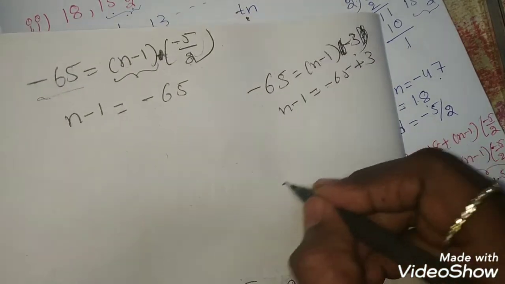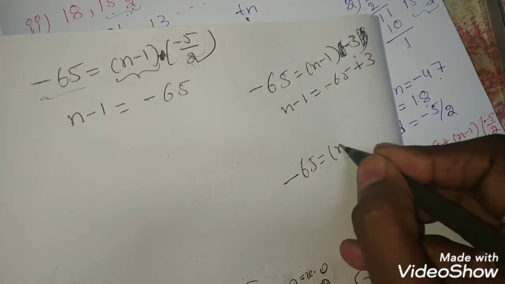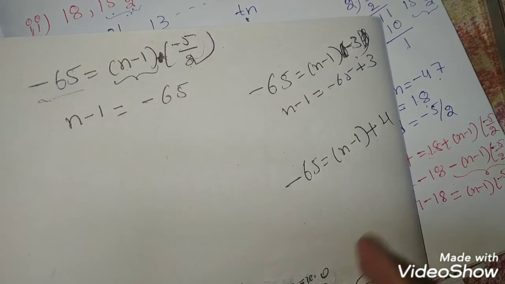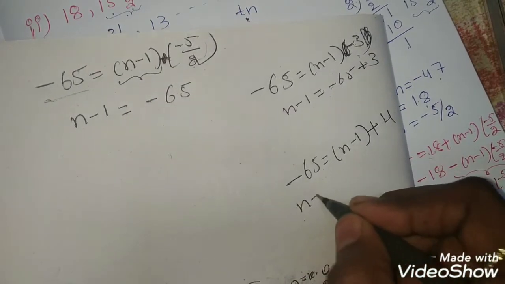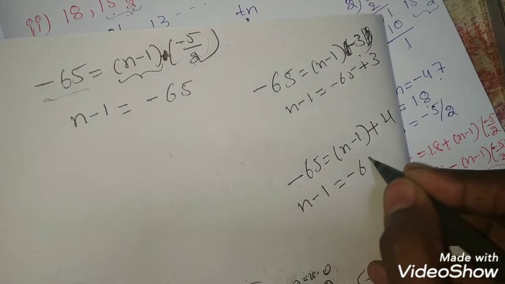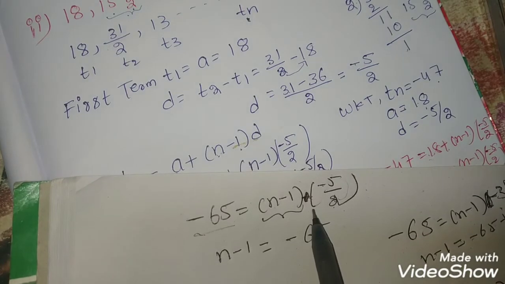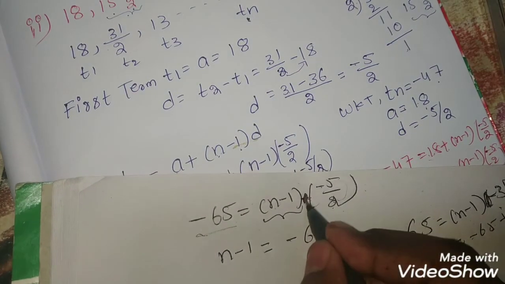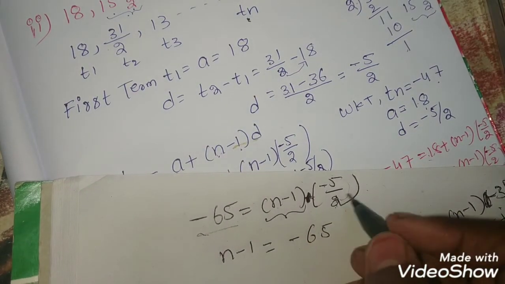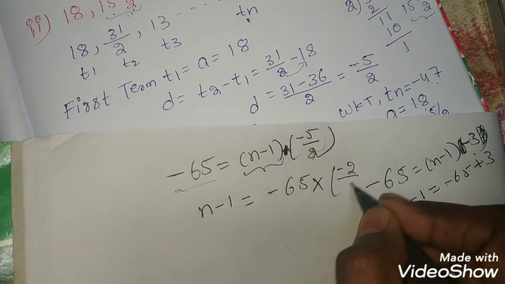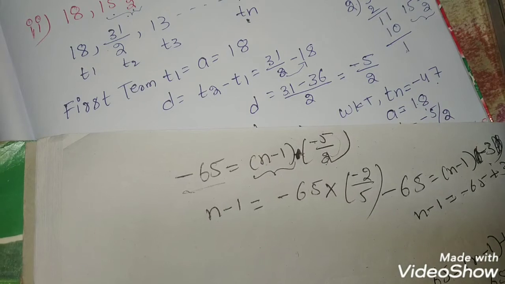If you have minus 65 is equal to (n minus 1) plus 4, then n minus 1 is equal to minus 65 minus 4, which is written as minus 69. But here they have given into minus 5 by 2, so we have to take the reciprocal form, that is minus 2 by 5. Understand?